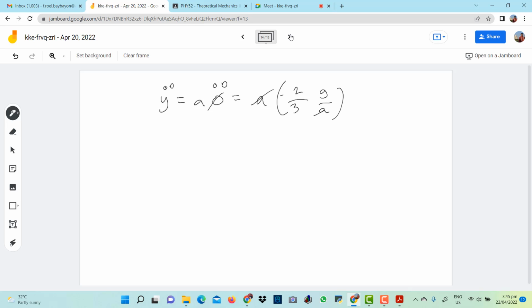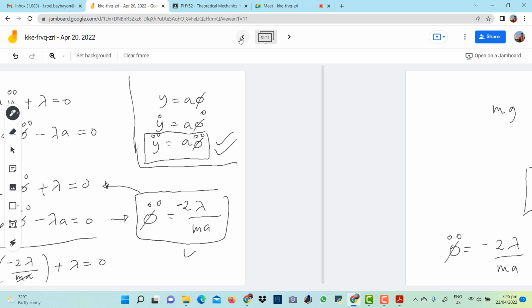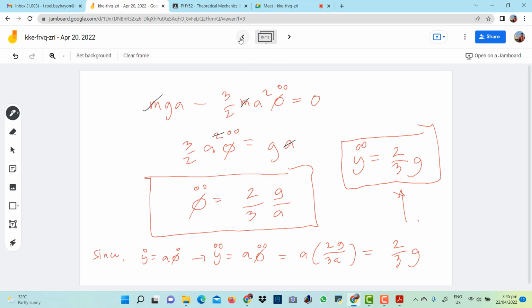The a cancels, no negative. So y double dot is equal to 2/3 of g, which again is the same as what we solved using method 1 without the Lagrange multiplier. It is 2/3 g, and 2/3 g over a.